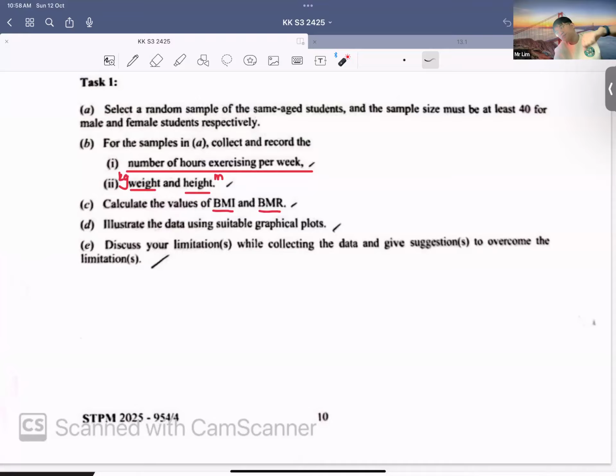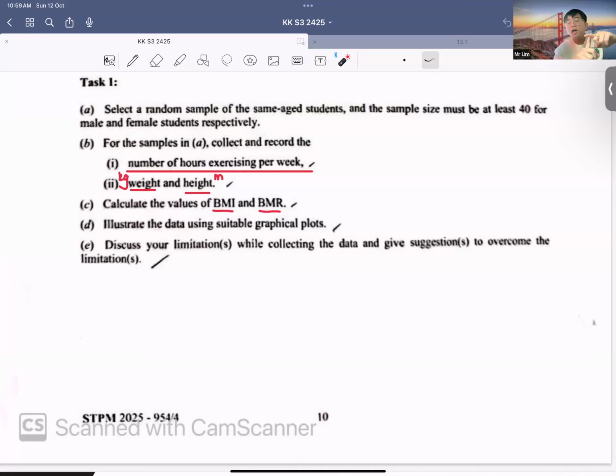For example, why is this kind of Google form not really okay? We might miscount some factors that can affect the weight and height. For example, some people only do dieting, but they don't regularly exercise.